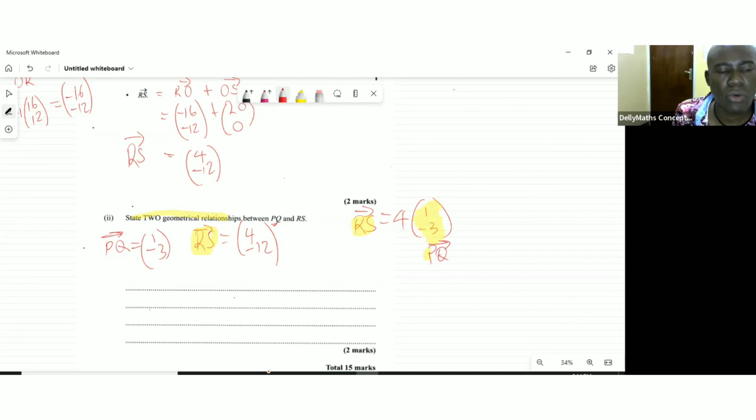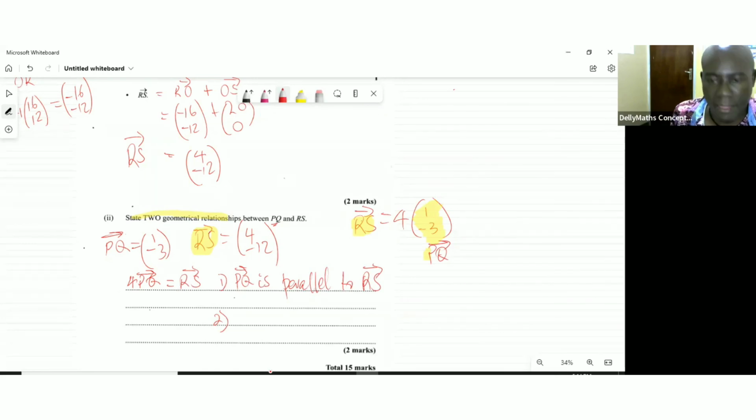So we could say that 4 times PQ will give us RS. This means that one of the relationships is that PQ is parallel to RS. Whenever two vectors are parallel, their magnitudes differ by that scalar factor you used to show that they are parallel.